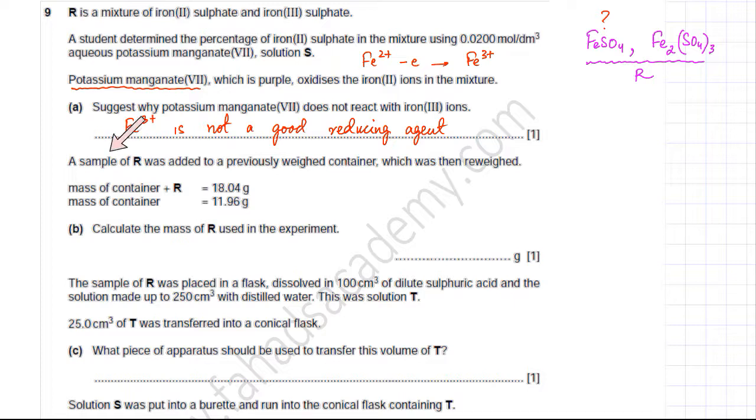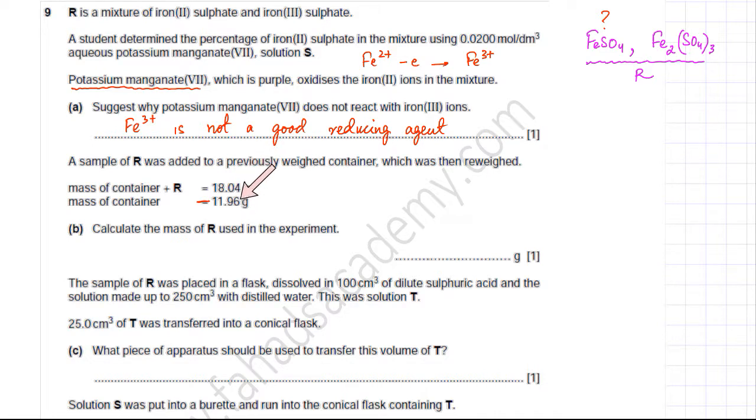In the next part, a sample of R was added to a previously weighed container, which was then reweighed. So you're given the mass of the container plus R in it, which is 18.04 grams, and you're also given the mass of the container. In the next part, you're asked to calculate the mass of R used in the experiment. So you just need to subtract the mass of the container from 18.04.